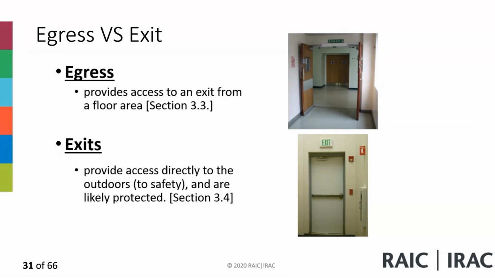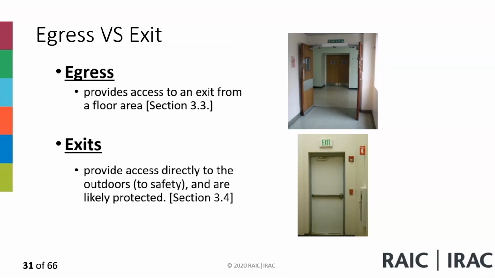Means a continuous path of travel provided for the escape of persons from any point in the building or contained open space to a separate building, an open public thoroughfare, or an exterior open space protected from fire exposure from the building and having access to an open public thoroughfare. Means of egress includes exits and access to exits. So the means of egress includes both the exit and access to exits.